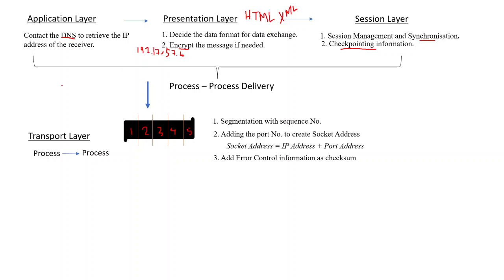The port number is used to mark a process. A port number is a 16-bit number that goes from 0 to 65,535. The first thing is that it will add a port number to my web client, and that port number will be anything from 49,152 to 65,535.